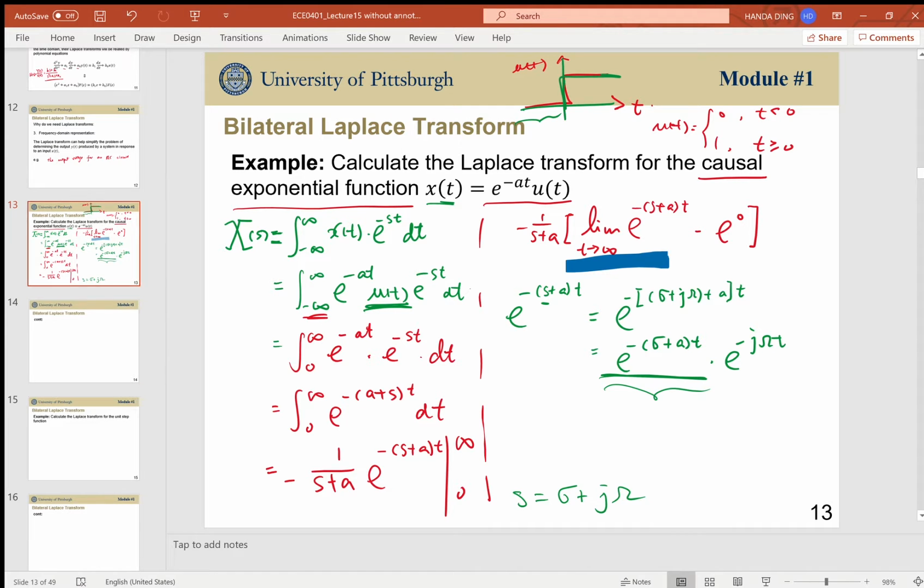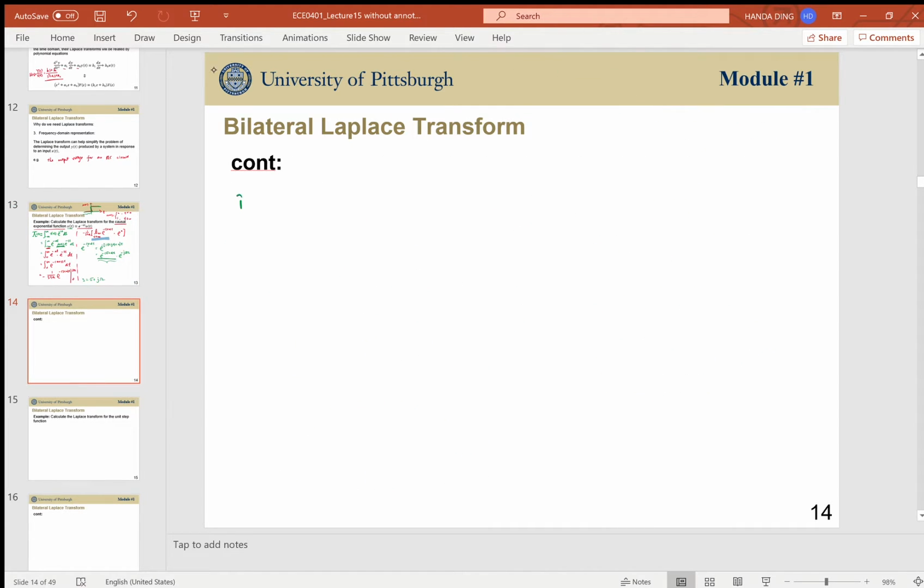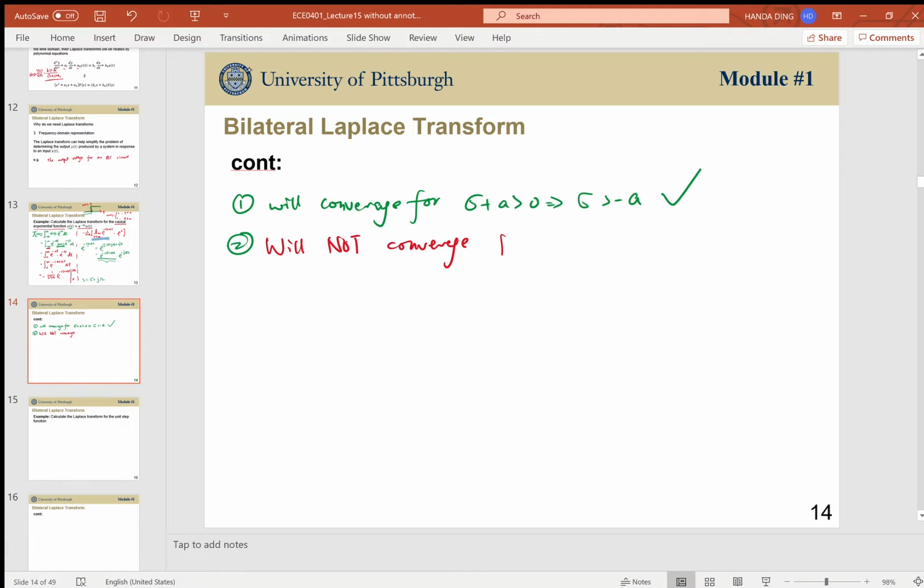Yeah, nice one. So we'll converge for sigma plus a bigger than 0. In other words, sigma bigger than minus a, right? So that's the ROC we have. Or in other words, it will not converge for sigma plus a less than 0.